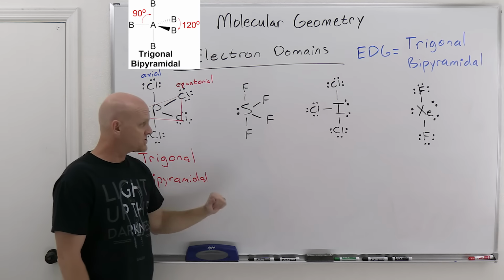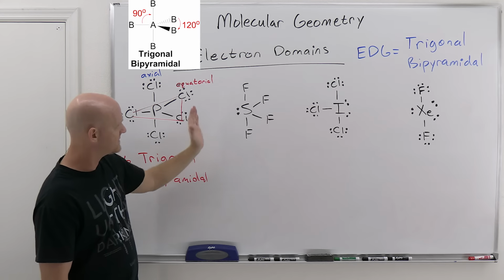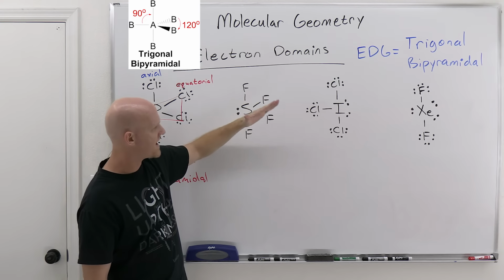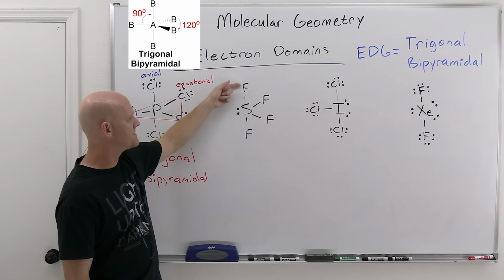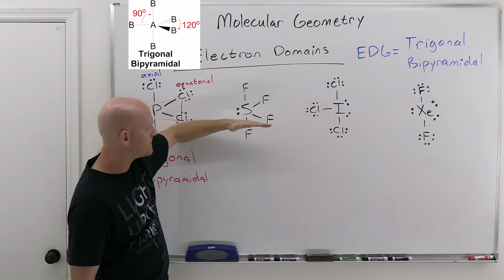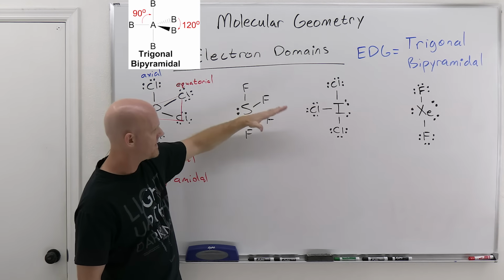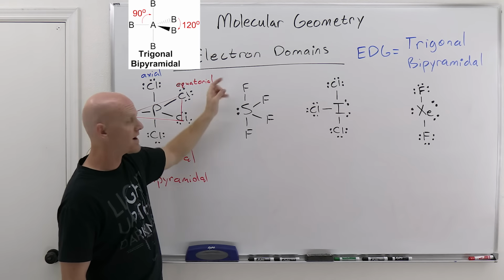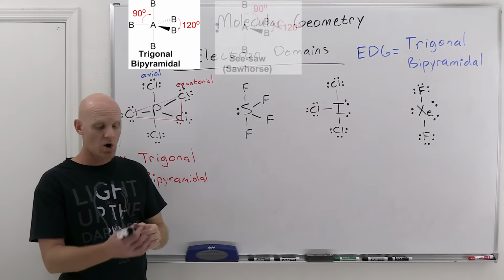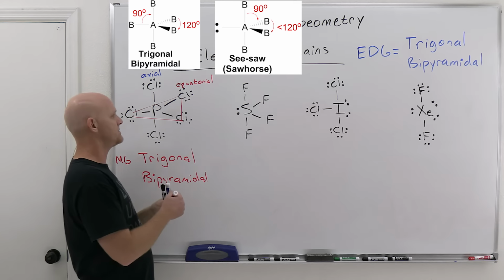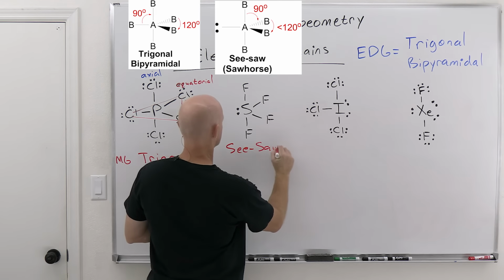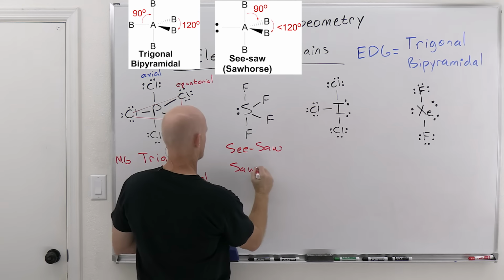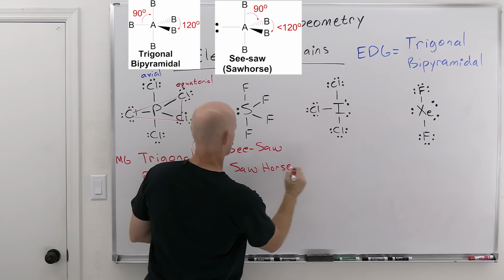Now, visualizing this, if you take this right here and turn it sideways, you'll find out that these 2, again, are 120 degrees apart, but then these are going to form like a tabletop surface. So these would be the legs of the table, and this would be the tabletop, looking like a sawhorse or a seesaw, depending on who you talk to. It goes by both names. You can call it seesaw or sawhorse.